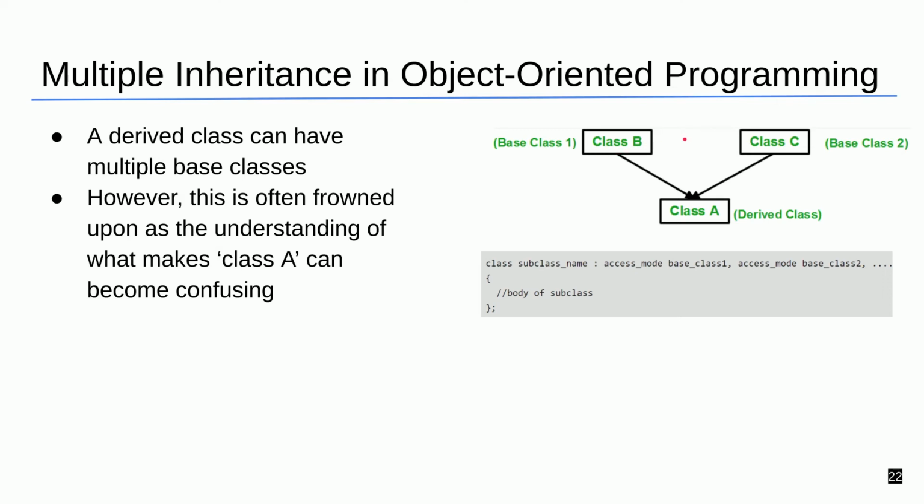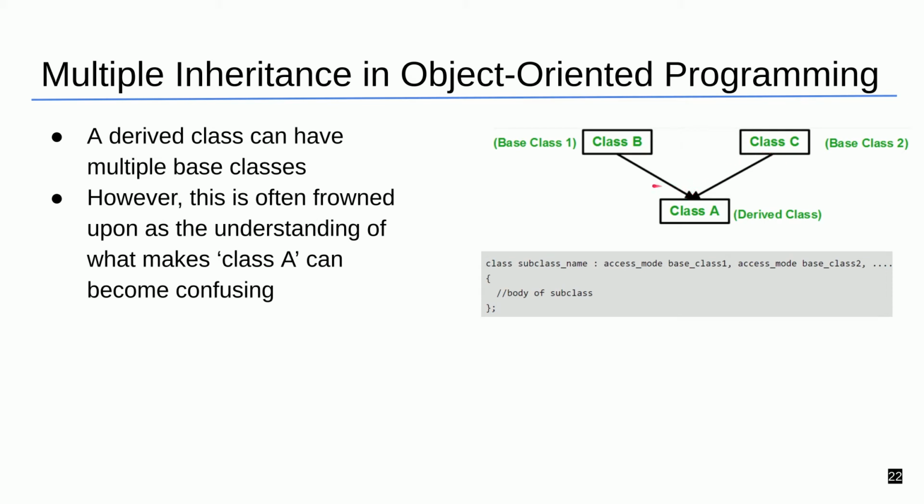And we briefly talked about this, I believe, in one of the early lectures, that this is generally confusing because if class B and class C have a member function that's named the same, the one that class A gets is undefined. It'll either get B or C.